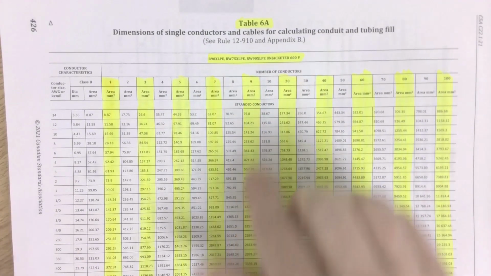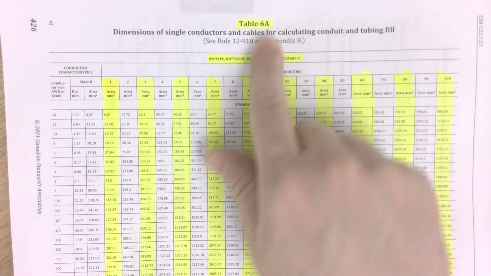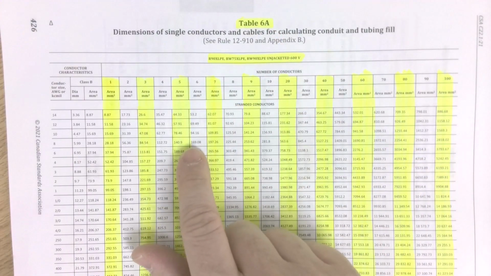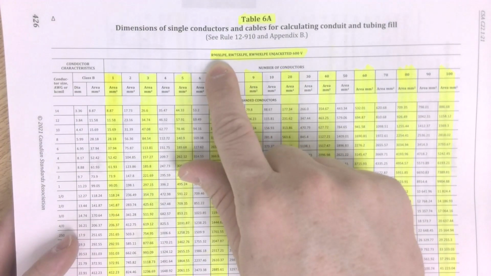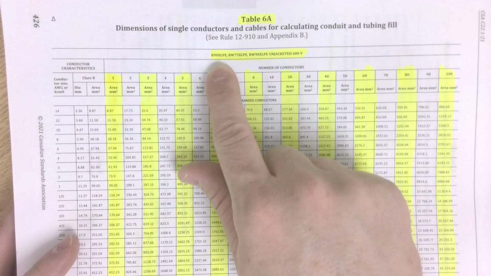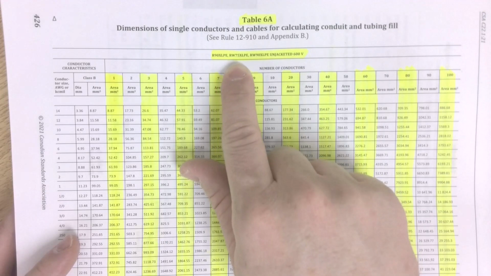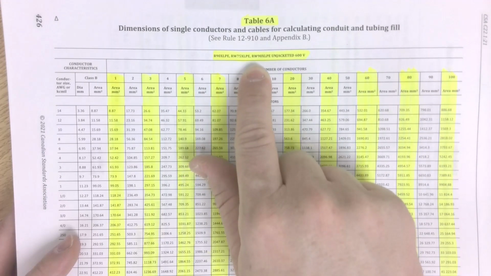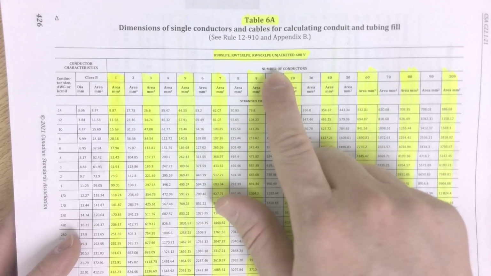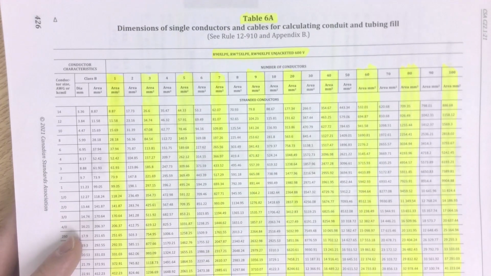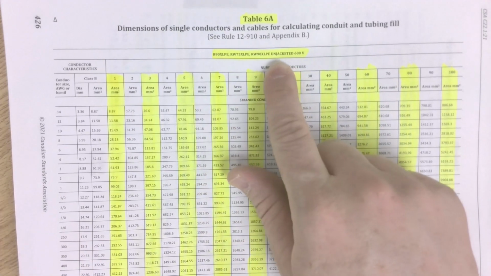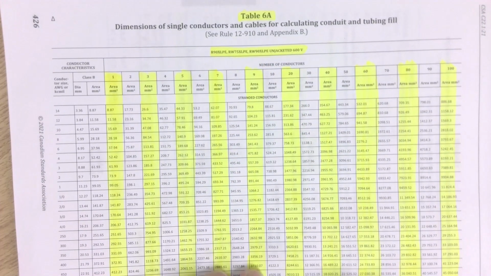So table 6A is going to give you the area and diameter, but we care more about the area. It's going to give you the area of R90 XLPE, RW75 XLPE, RW90 XLPE, unjacketed 600 volt conductors. And so that's the type of insulation that's on these conductors.